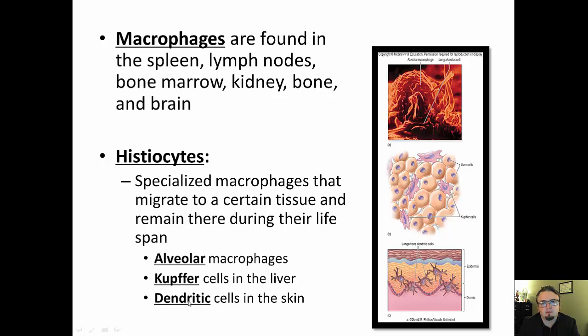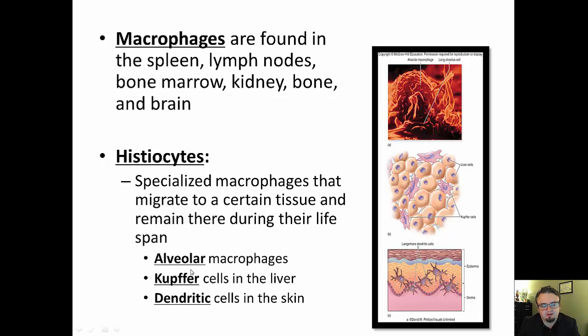Dendritic cells are found in the skin around the dermal layer. So these are cells that have evolved to take on a special role in areas of the body that tend to see high amounts of pathogen or antigen come their way. If you remember from chapter 13, we said the lungs are the most common portal of entry, so you have lots of microbes coming in there.